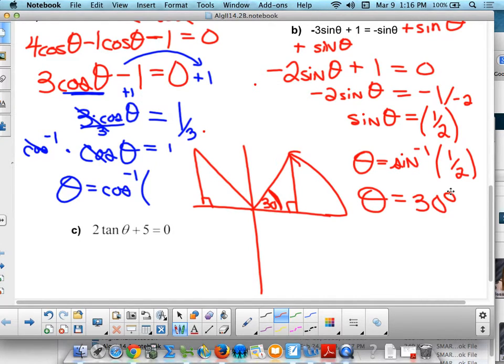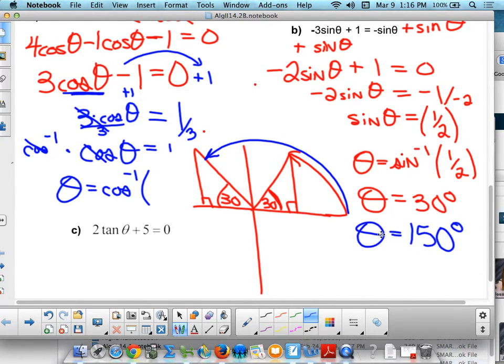Well, if you reflect that triangle over, the reference angle really doesn't change. It stays 30. The answer is what, though? 150, isn't it? So you have two angles. One's a 30 and one's a 150.